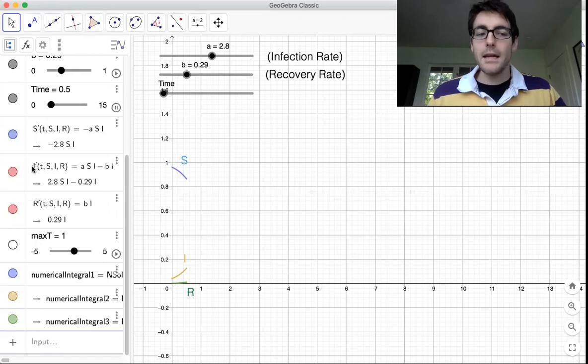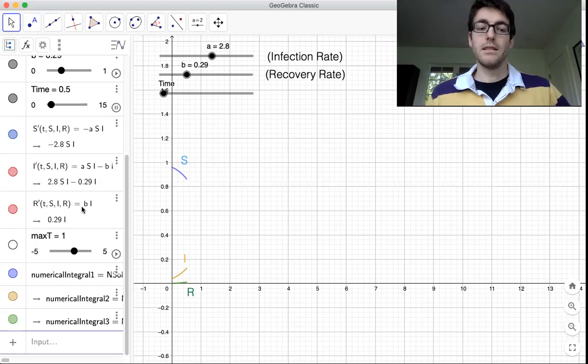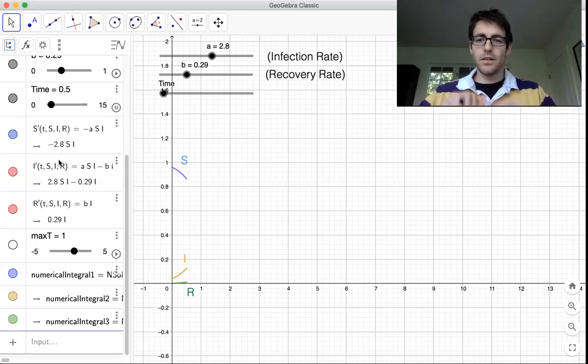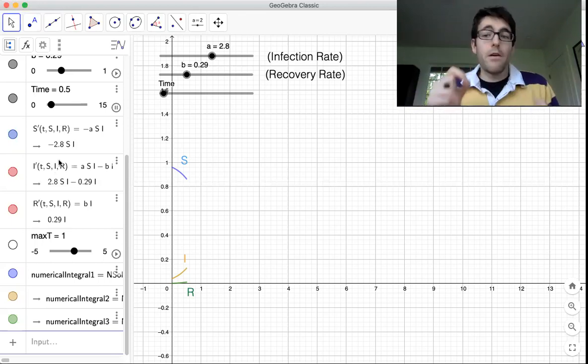Similarly, the rate of change of the infection rate is ASI minus BI, and the rate of change of the recovered population is BI. This system of equations is really tricky to solve using actual algebraic techniques, but we can ask a computer to plot a very, very good approximation of it. So that's what we have set up here.